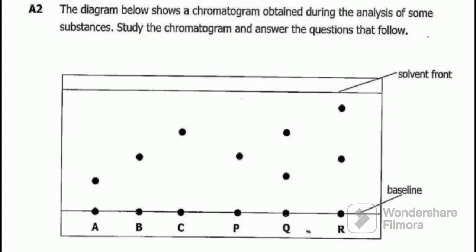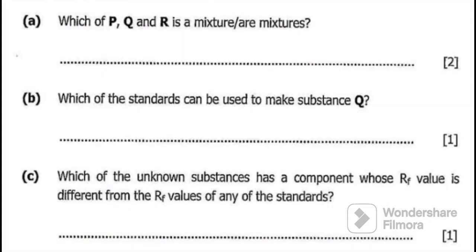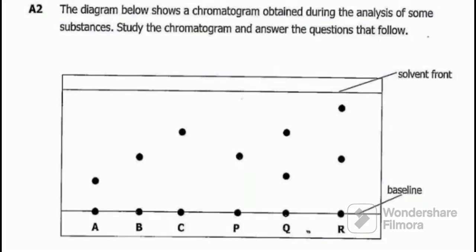So the first question is asking which of P, Q, and R is a mixture or are mixtures. We have the statement here: A, B, and C are standards. These spots are standards, whereas P, Q, and R are unknown substances.